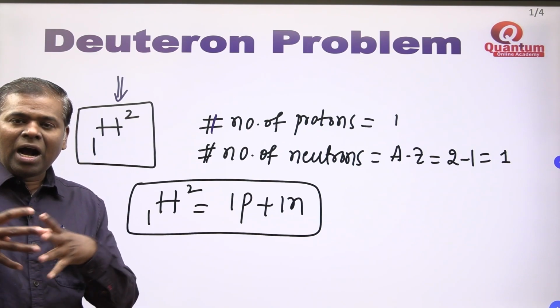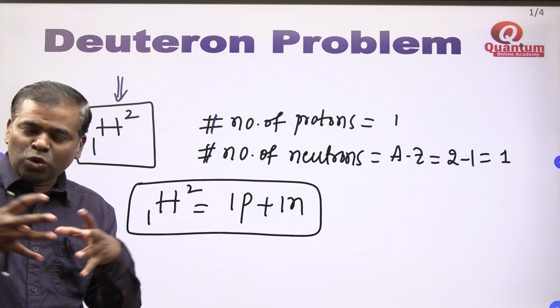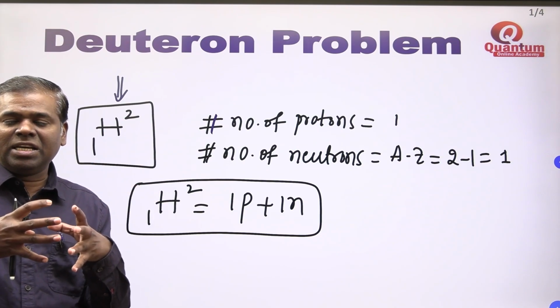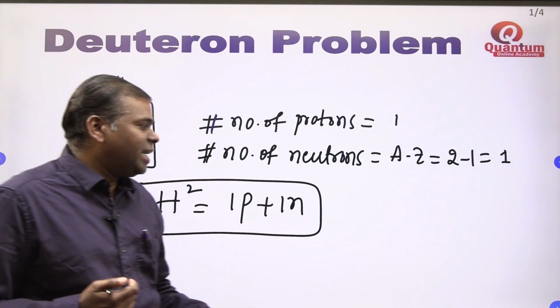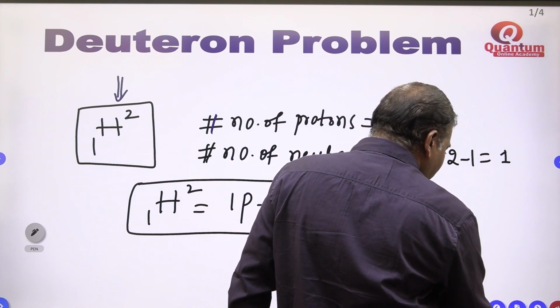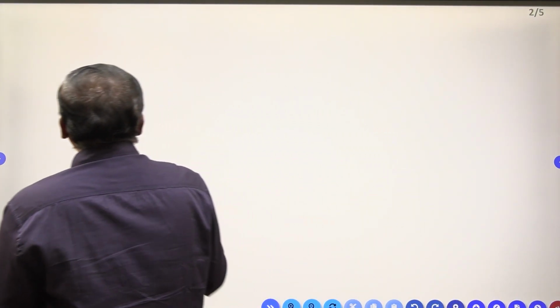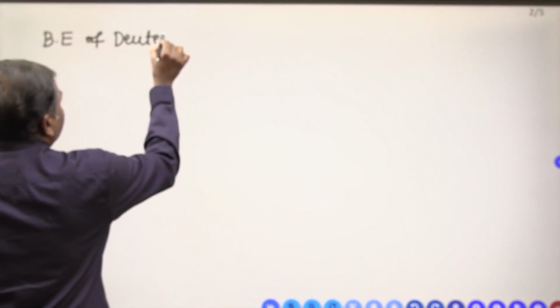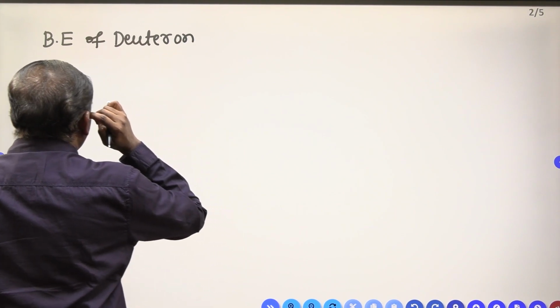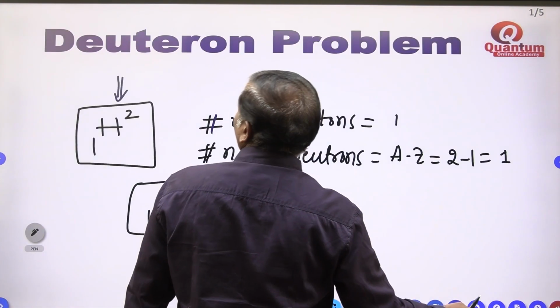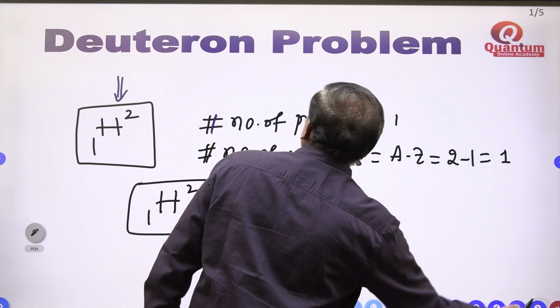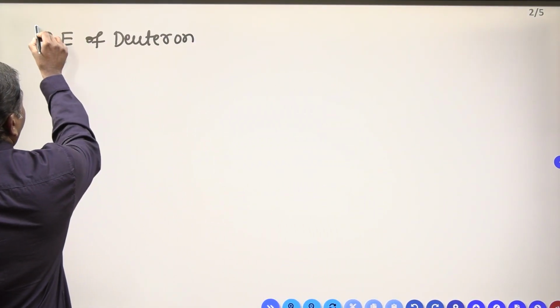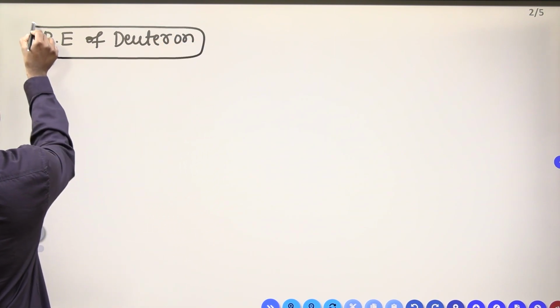We have to calculate the binding energy of the Deuteron, so let us see how to calculate it.